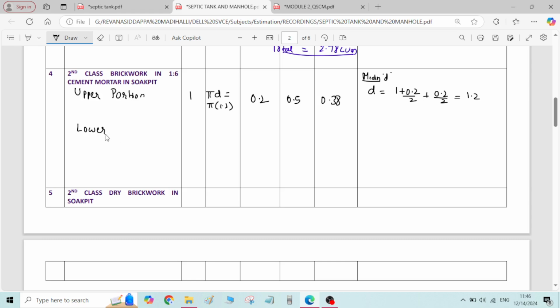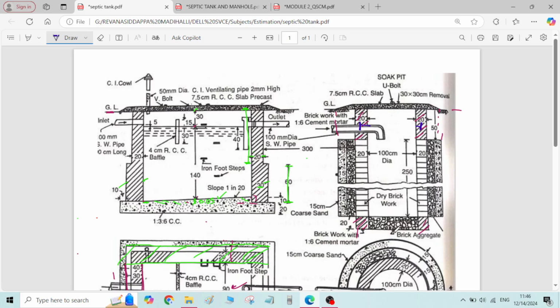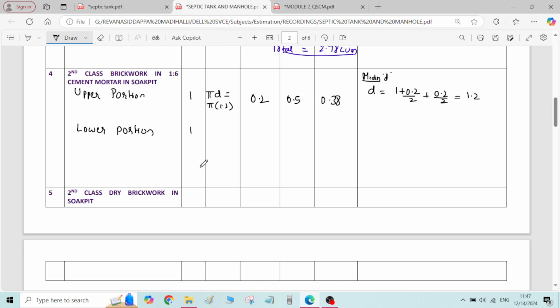Similarly, you need to calculate the quantity for the lower portion. Number is 1. The lower portion also has the same average diameter as the upper portion, 1.2 meter. The only change is in the height. The upper portion has 50 centimeter height, the lower portion has 20 centimeter height. Pi d remains the same, pi into 1.2.